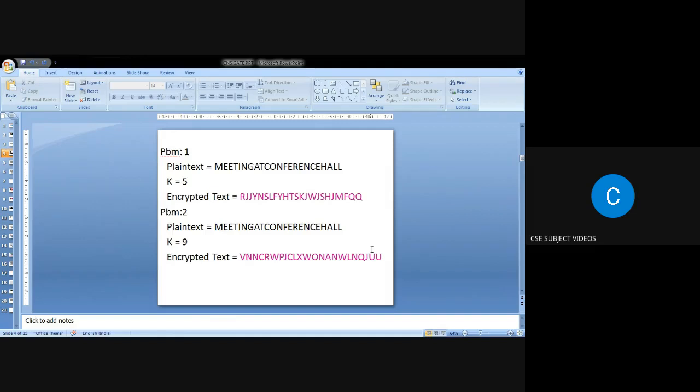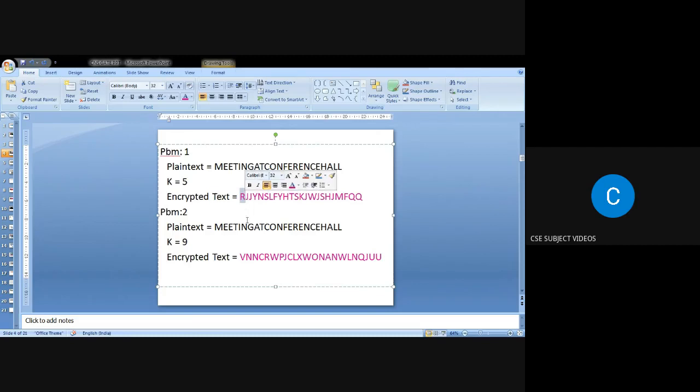Is it clear? Okay. So similarly, we have to go with the decryption also. When you are going with the decryption, we have to recover the plain text. So consider the same problem 1. Here we have taken the letter R. Key value is 5.